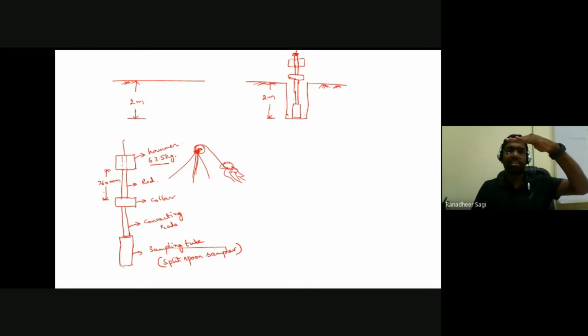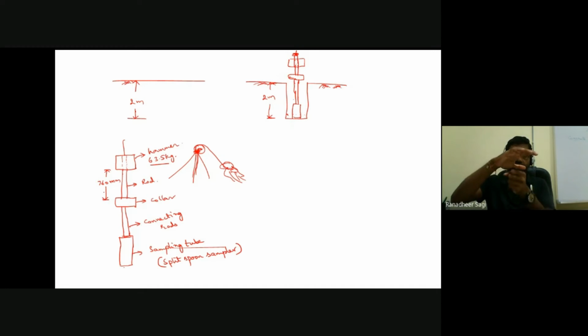So from that standard free fall height, the hammer is going to hit your collar. When you are hitting the collar, in turn the connecting rod which is connected to the collar is getting pushed in the downward direction, and in the process the split spoon sampler is getting penetrated into your ground. Okay, so we are going to see that your split spoon sampler starts getting penetrated into the ground.